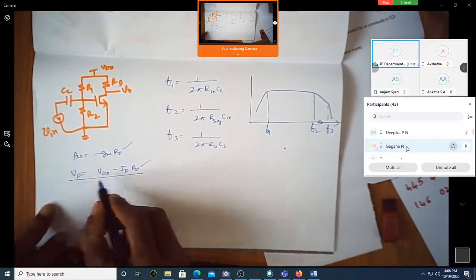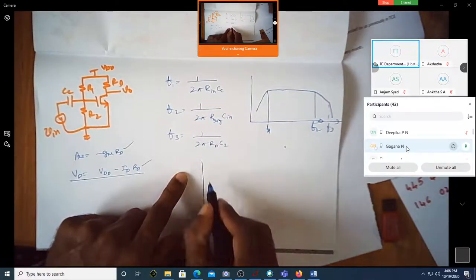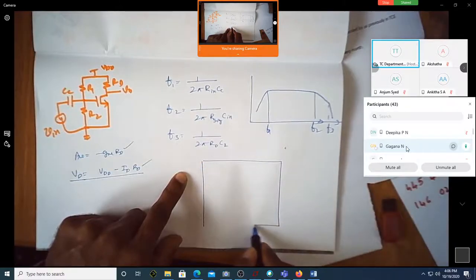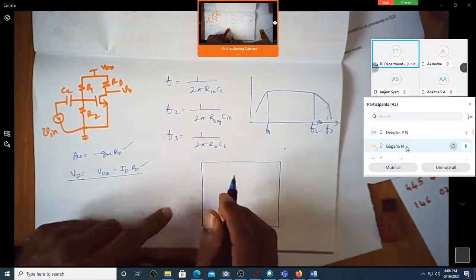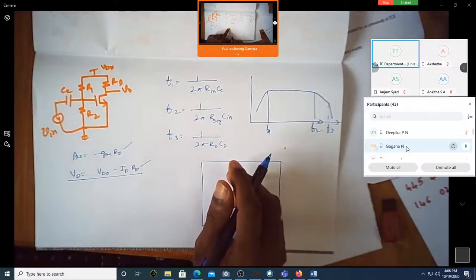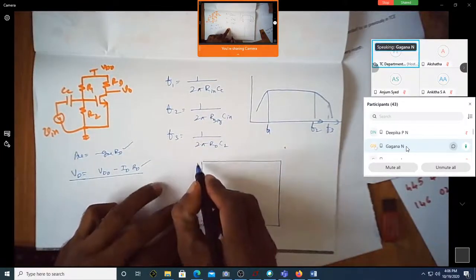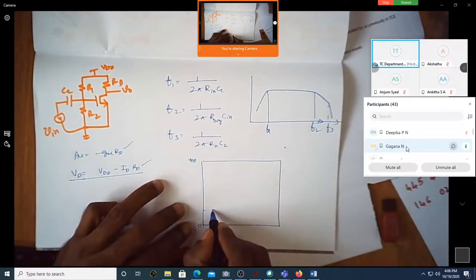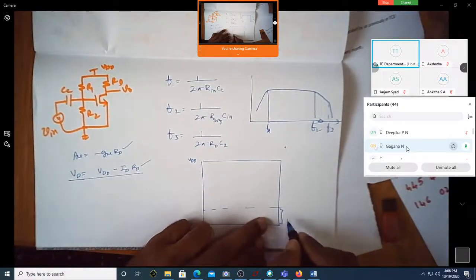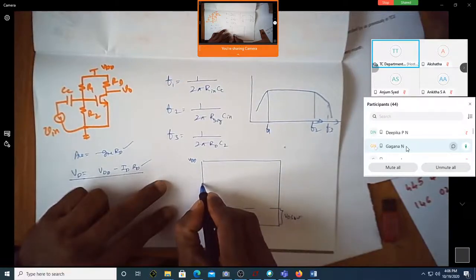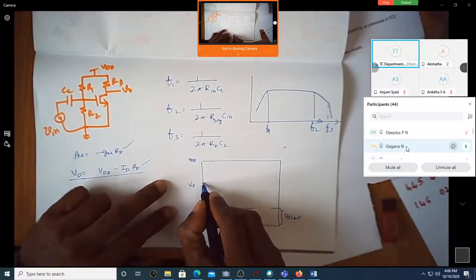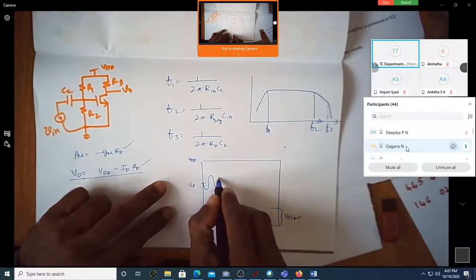Especially this particular equation, which will tell me how. Okay, this is 0, this is VDD. We're going to have this as VDS saturation. Shall I say this is VD, and over and above this will change? Am I correct?